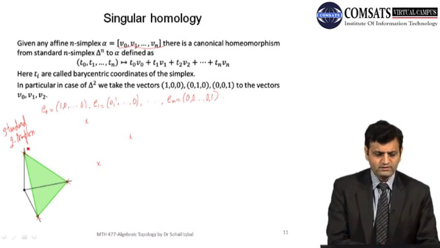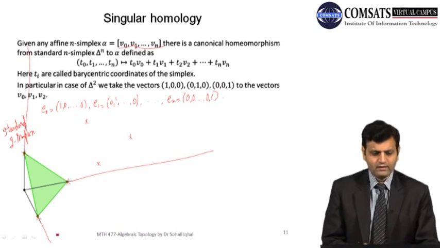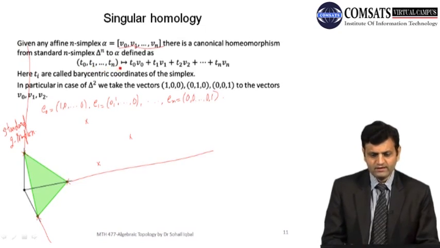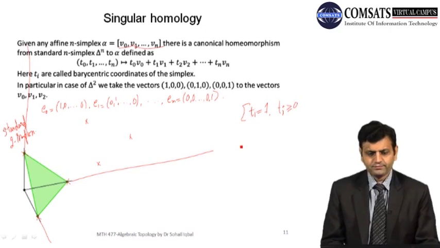We are still in R3. Now the condition on the coefficients is the same: the sum of the coefficients should be equal to 1 and all the ti are greater than or equal to 0.